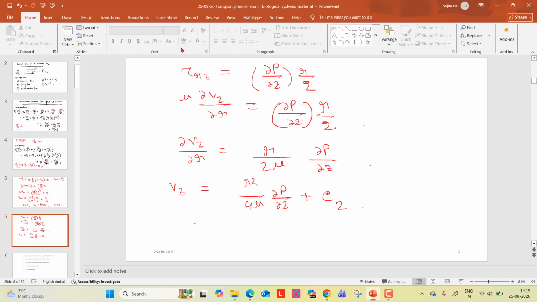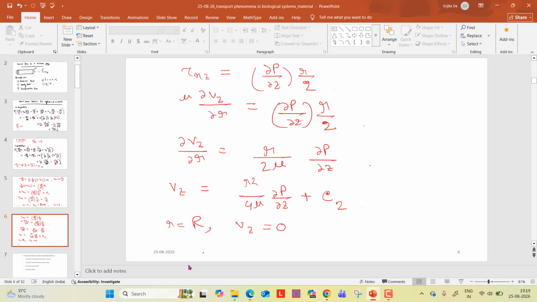So, what can we apply? We can apply at r equals to R, Vz is 0. That we know that at the interface of the solid and liquid, the velocity would be minimum, right?